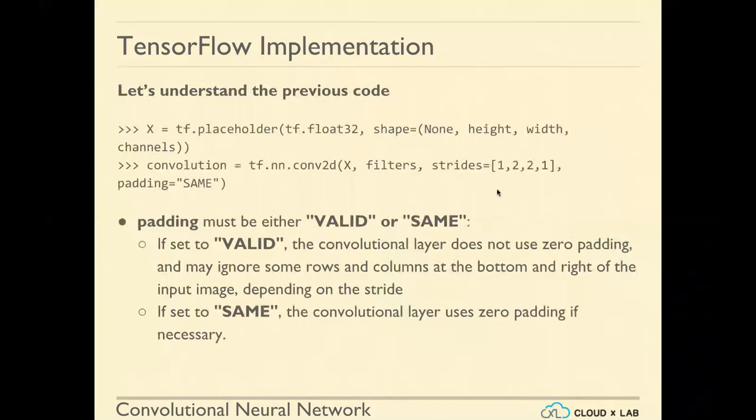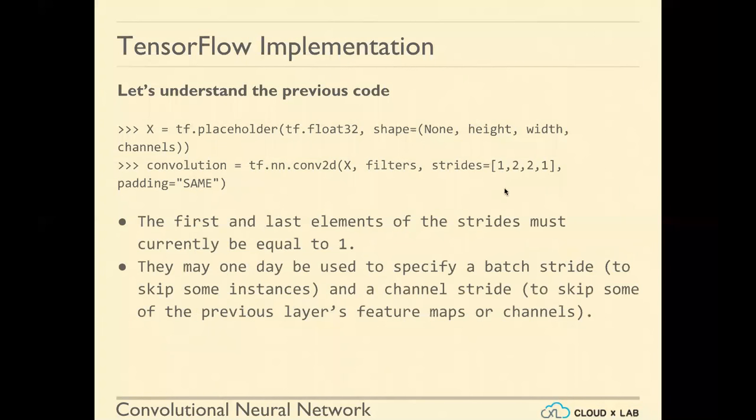This one represents how many jumps to make in the z direction, and this one I think represents the strides to make on the output part.